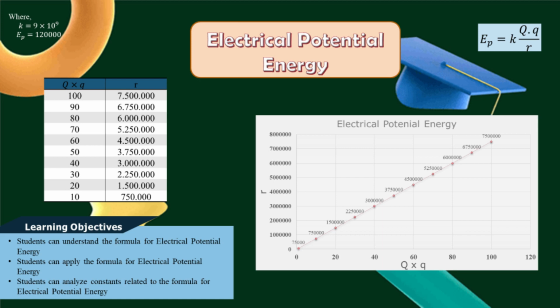If big Q times small q is equal to 70, we have R equal to 5,150,000. And if big Q times small q is equal to 60, we have R equal to 4,500,000.